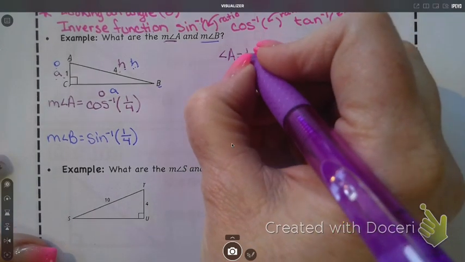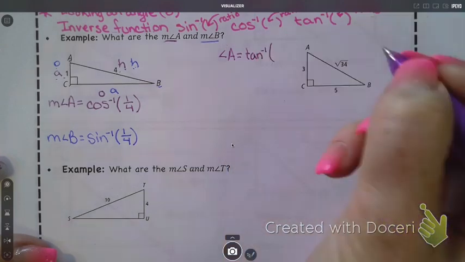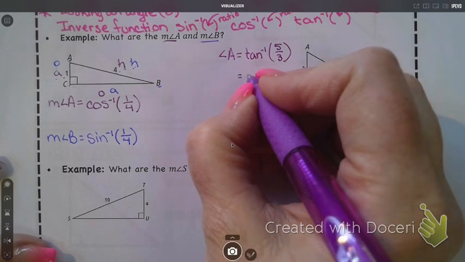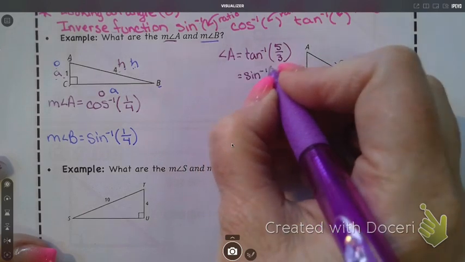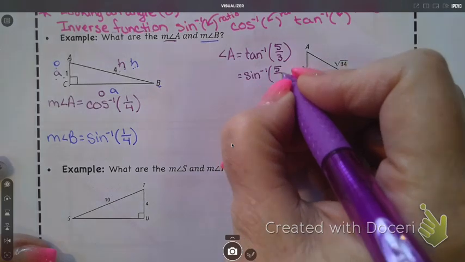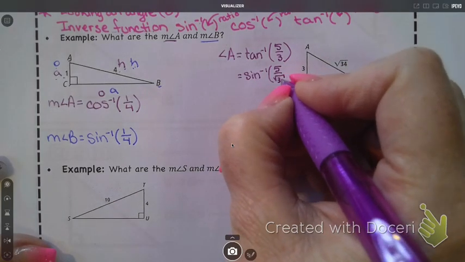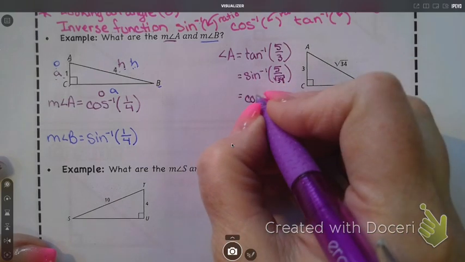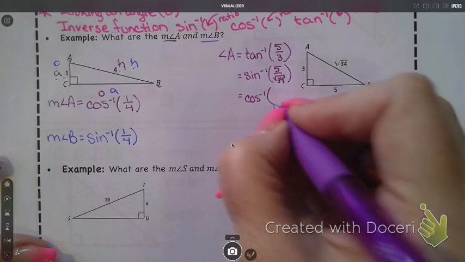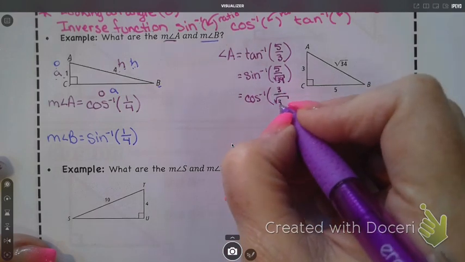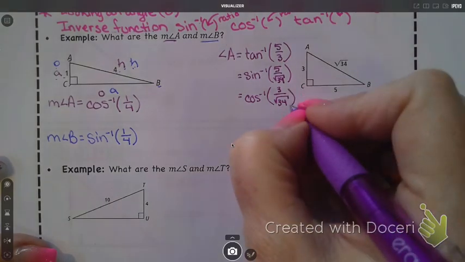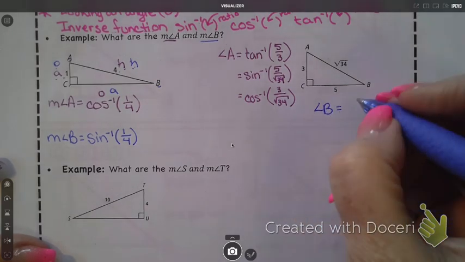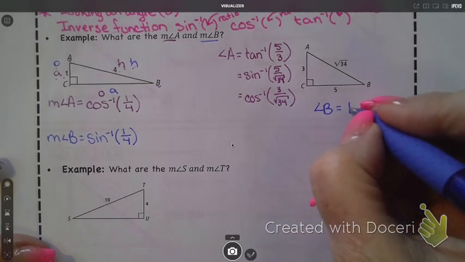I guess I'll do all three since I'm letting you pick. We have to do it all.